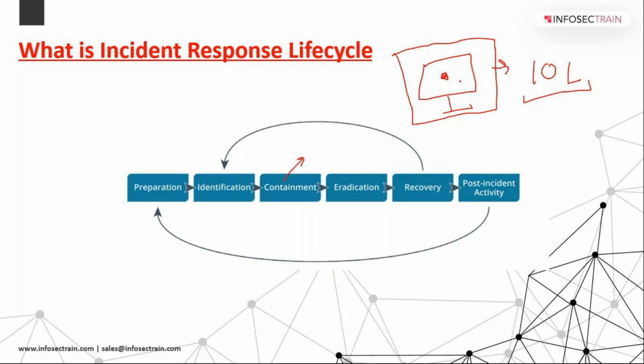So now you are going to do the eradication. This system which holds the virus, you are going to make sure to get rid of this particular virus as soon as possible, and you can use multiple tools for that. You can install an antivirus, and you will be running an antivirus full scan. Depending on the data, it will take at least 2 or 3 or 4 hours.